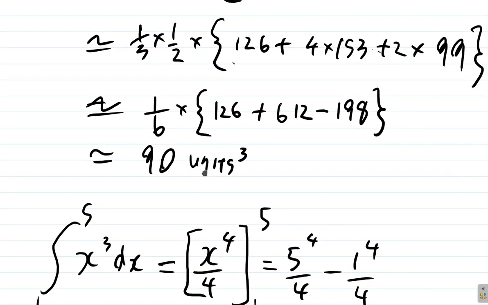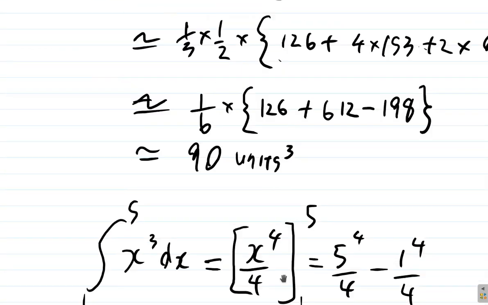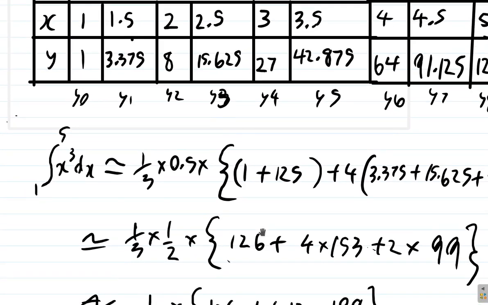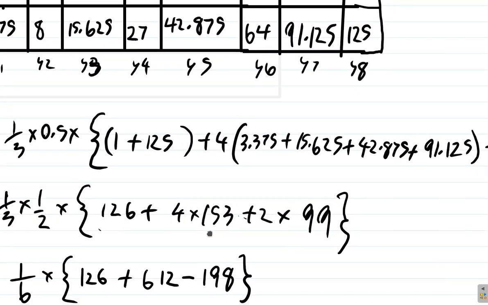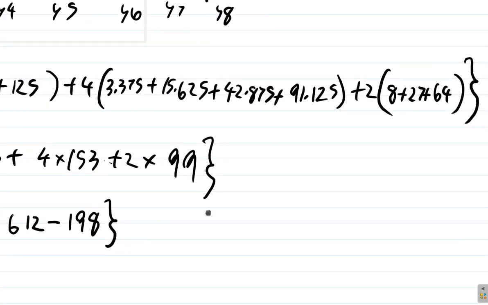Let us see. 5 raised to the power of 4 over 4. Let me make sure everything is okay with it. It's 4 times the odd, 2 times the even. Oh, my.